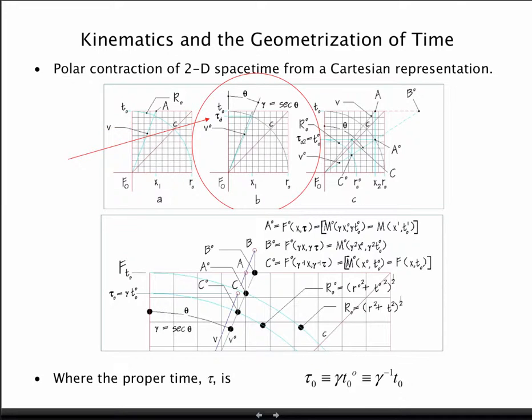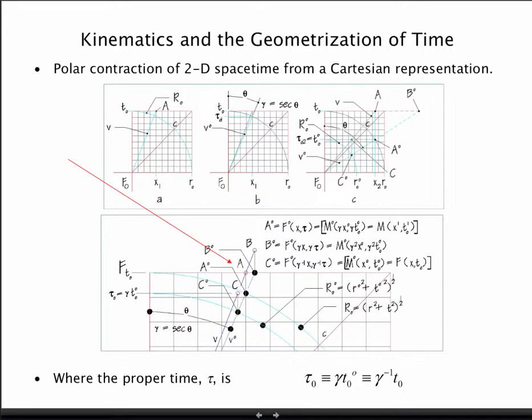In diagram B, the proper time tau sub alt is plotted on the F time axis as the time unit in F divided by the Lorentz factor gamma determined by V. As shown in detail in the bottom box, the corresponding gamma is found as the secant to the angle theta between the time axis and the contracted velocity v super alt.